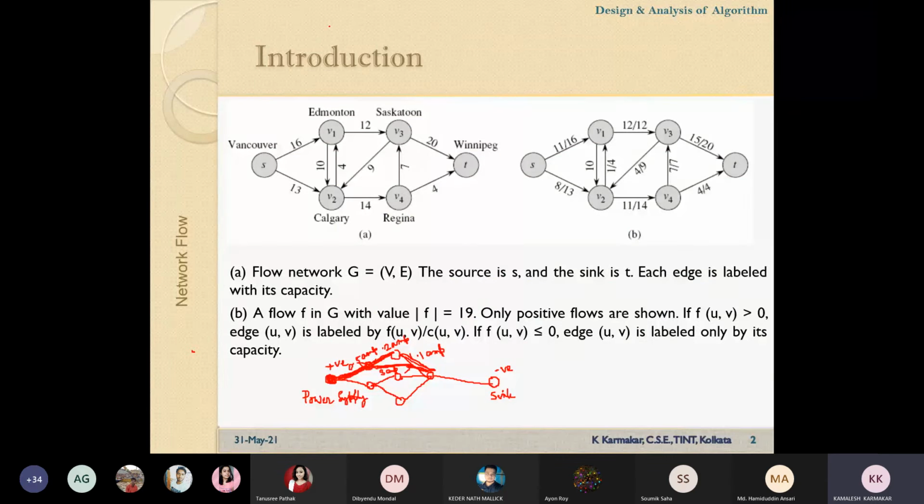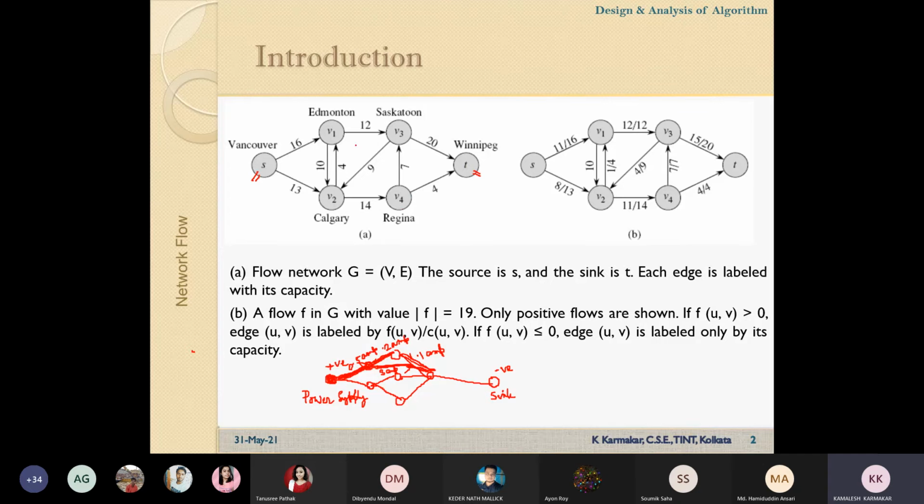If the graph is given, this is a flow network. We have a source node S, this is the starting node or source, and this is the sink. From this source to sink, each and every edge of the graph is marked by numbers.